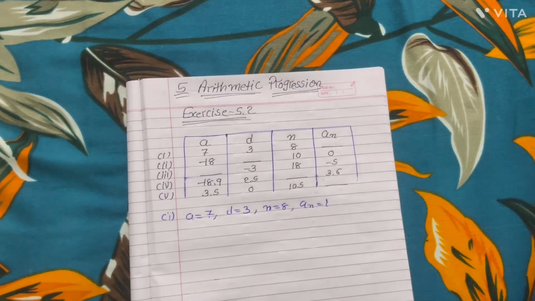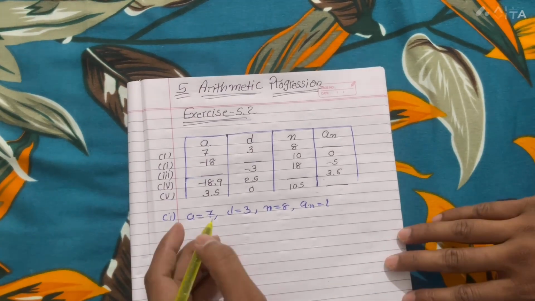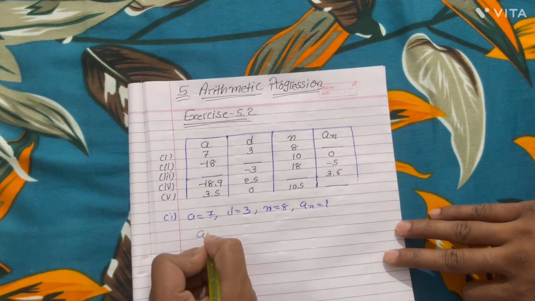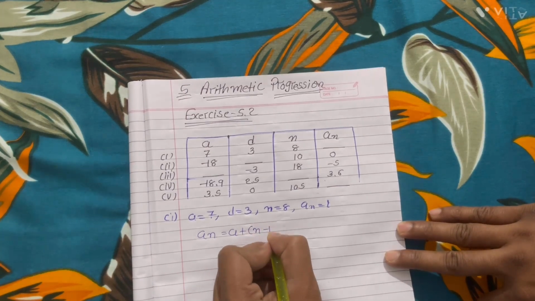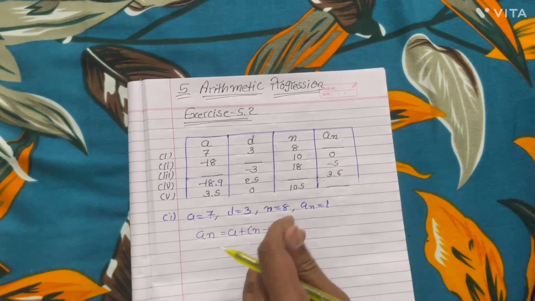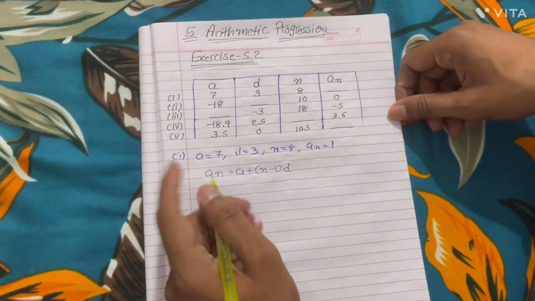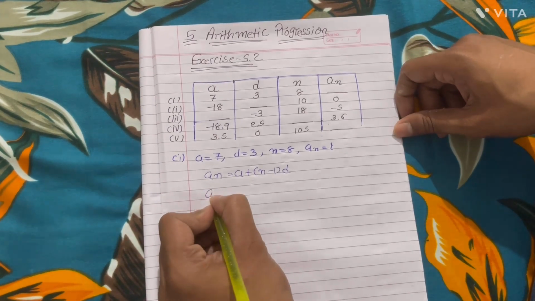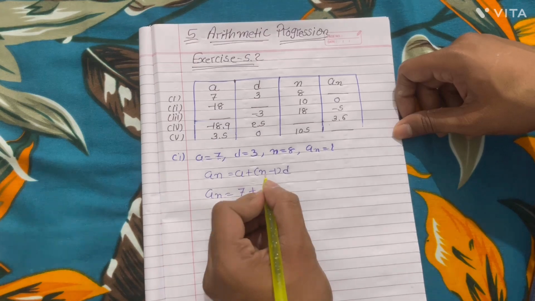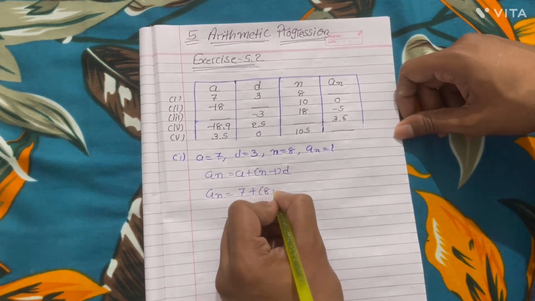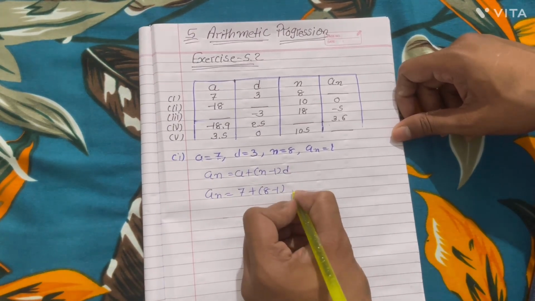The equation is an is equal to a plus (n minus 1) into d. a is equal to 7, n is equal to 8, so 8 minus 1, and d is equal to 3.